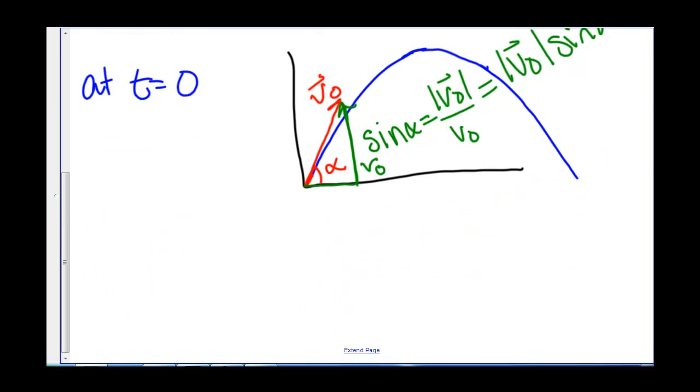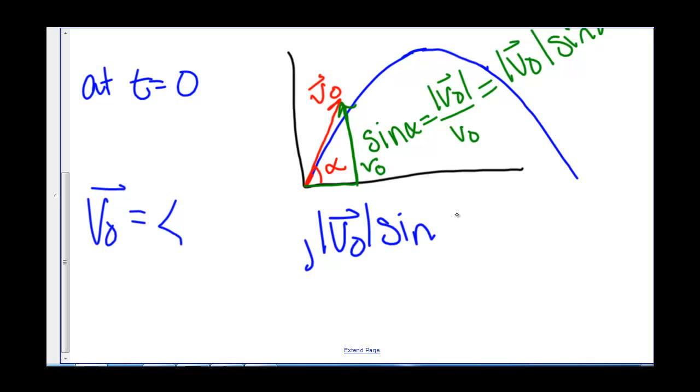So to solve for v naught, we get the length of that vector times sine of alpha. So we have vector v naught. We know the y coordinate is the magnitude of v naught sine of alpha. And similarly, u naught is equal to the length of v naught times cosine of alpha.